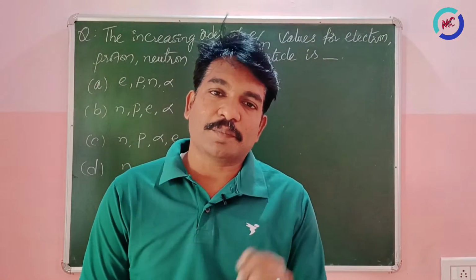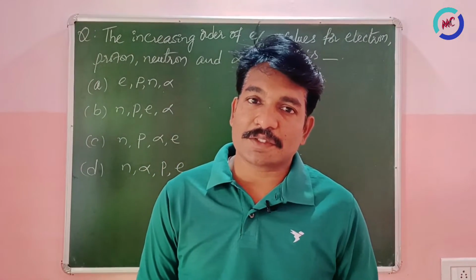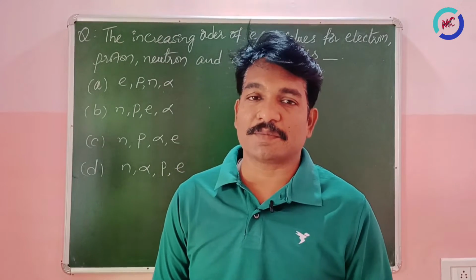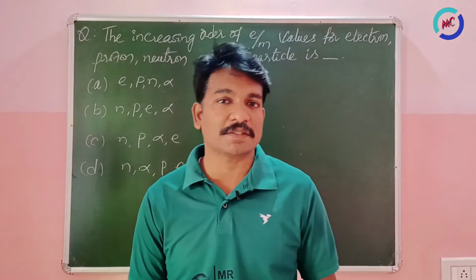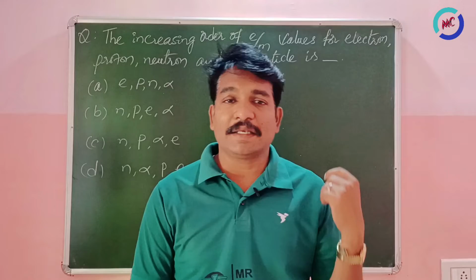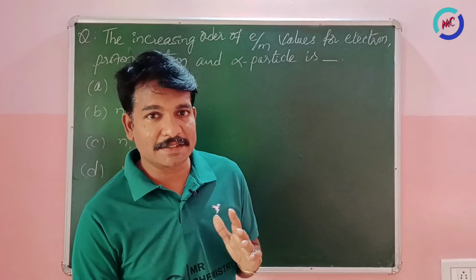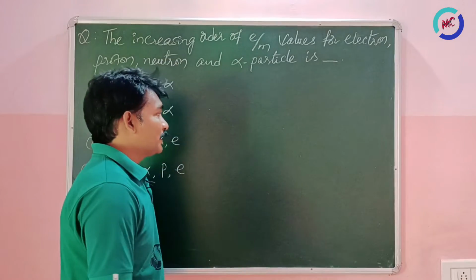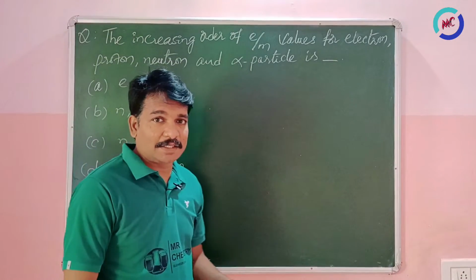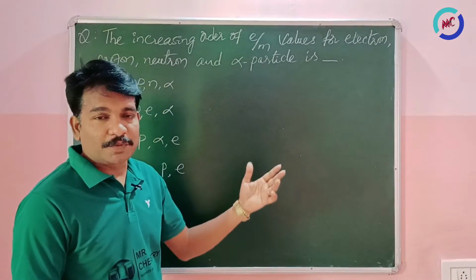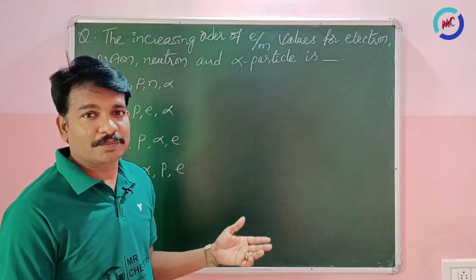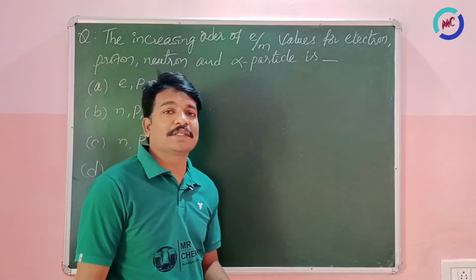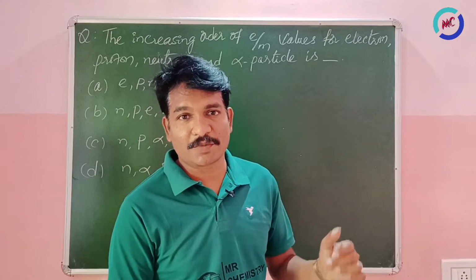In the previous examples, we calculated E by M values by substituting the values of charge and mass of electrons, protons and neutrons. Here I am not going to take the values as they are. I am going to take the simplified values of those things. For example, for the neutron, the charge is 0 and the mass I took as 1.675 into 10 to the power of minus 24 grams.